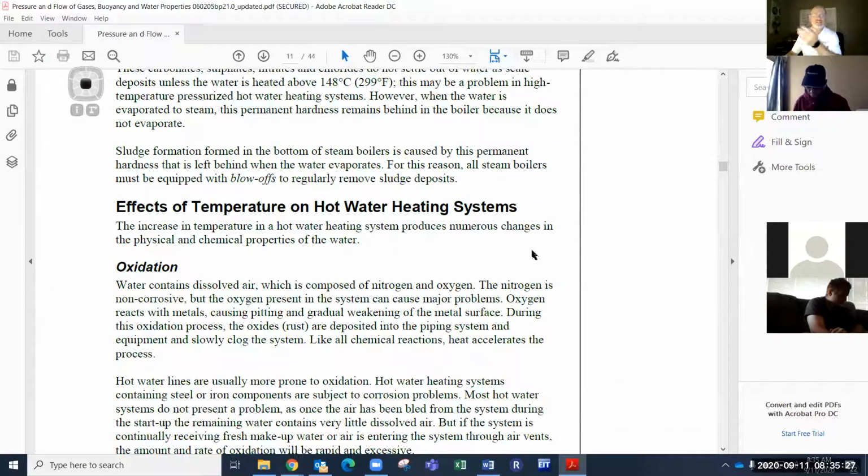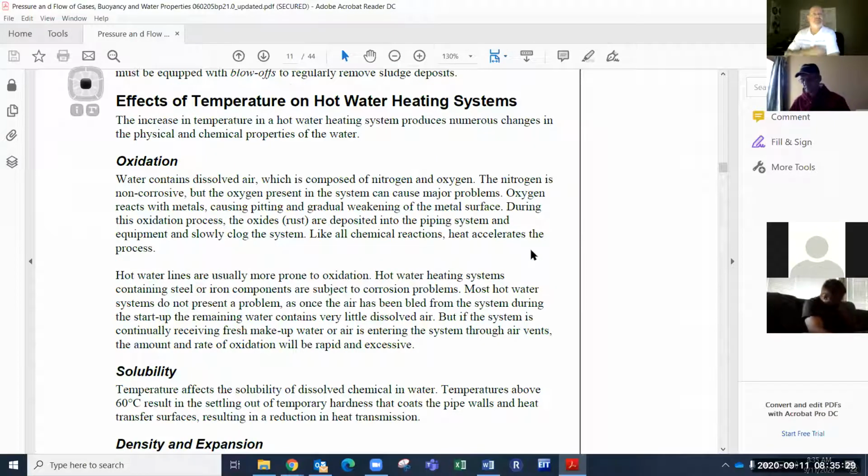Permanent hardness, effects of temperature on hot water heating systems. Now, this is also important because we deal with this stuff all the time. And it goes on to say that it'll always happen. So our boilers here in Southern Alberta need to be serviced, need to be maintained. They're not going to run forever without any problems.